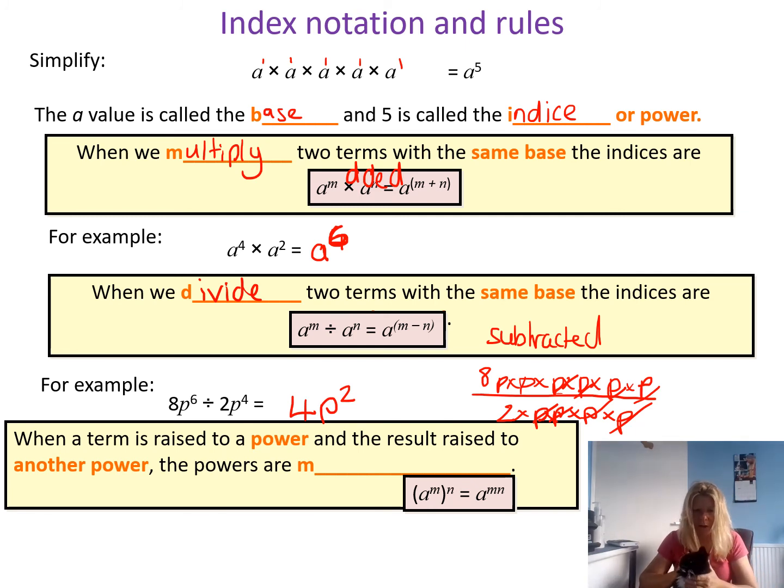When a term is raised to a power, then the result raised to another power, the powers are multiplied. That was a mouthful. In other words, this says it a bit better. A to the m to the n becomes a to the m times n.